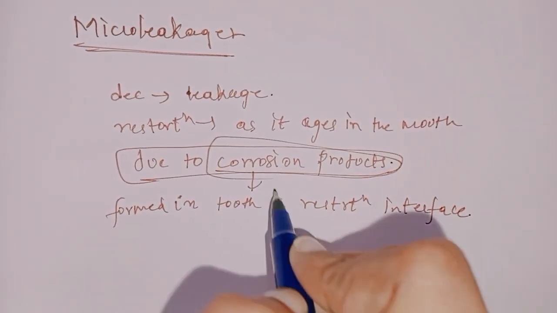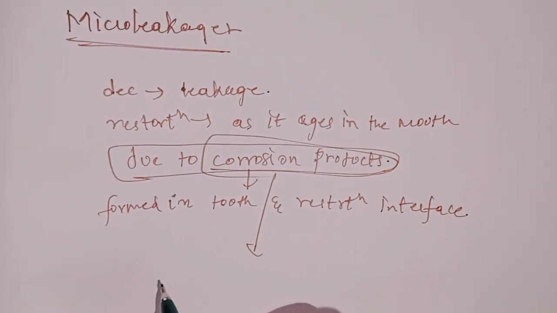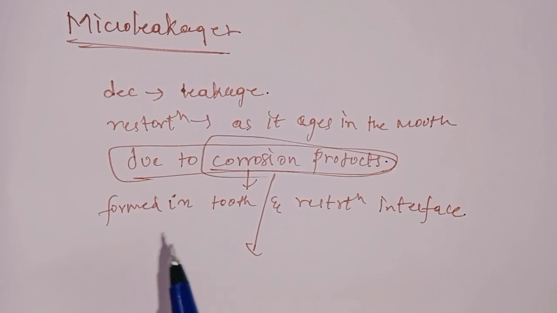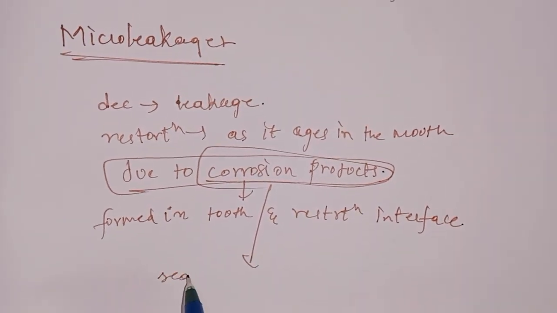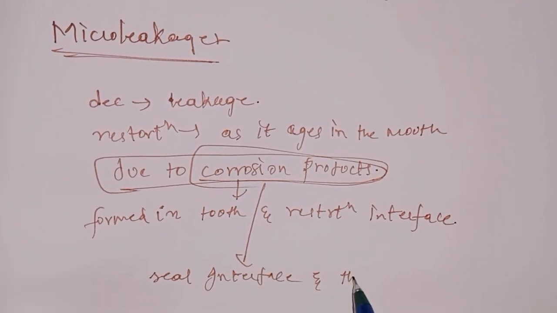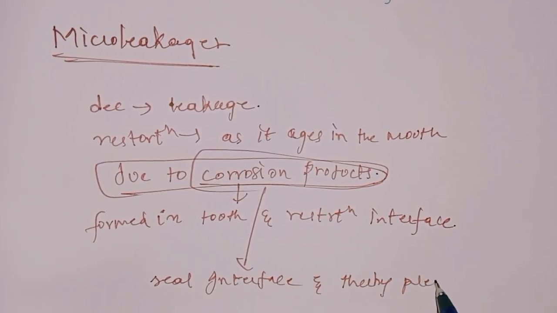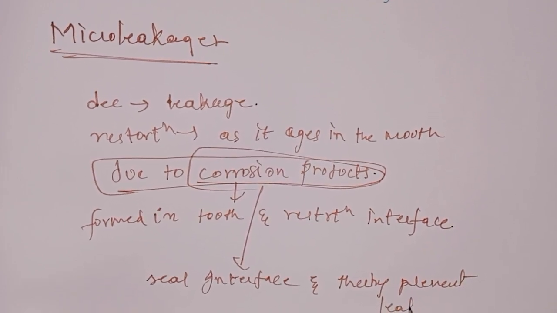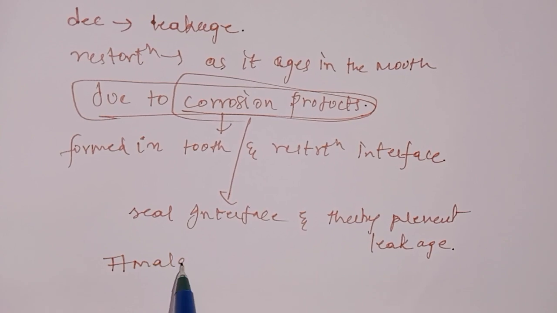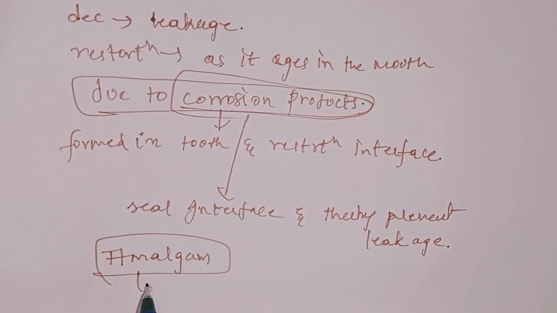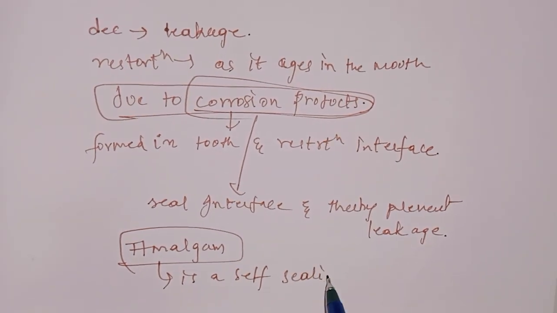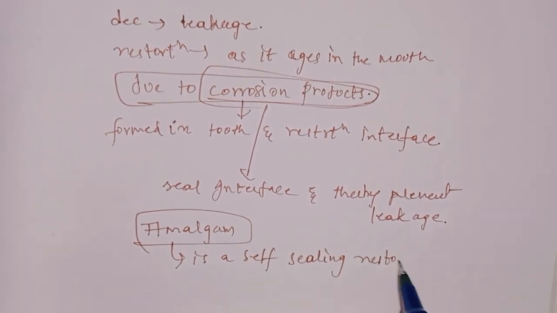These corrosion products over a period of time seal the interface and thereby prevent the leakage. Thus, we know amalgam is a self-sealing restoration.